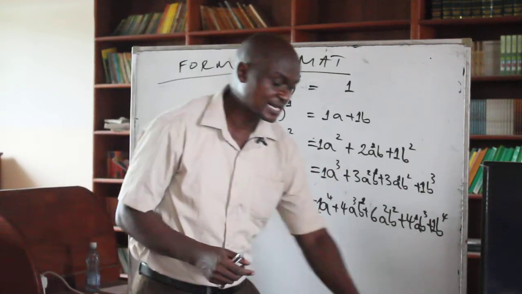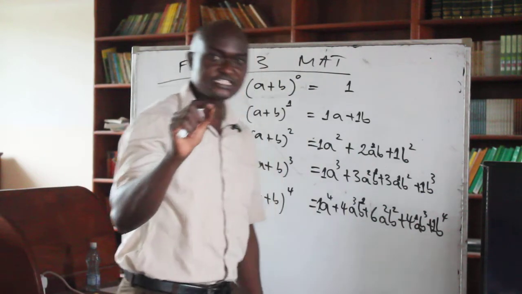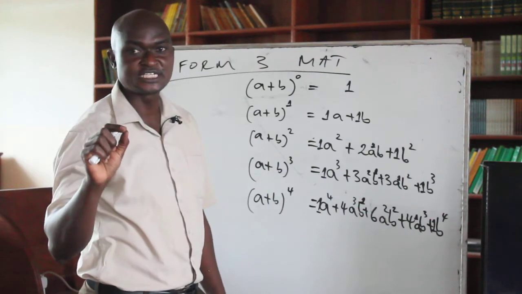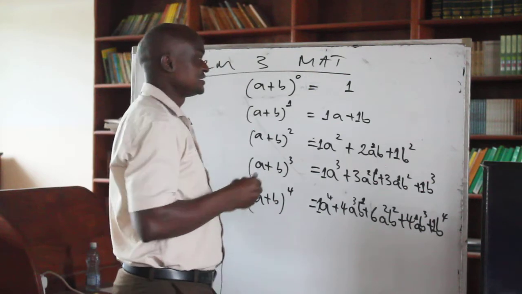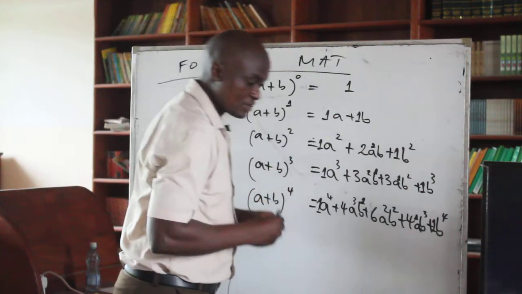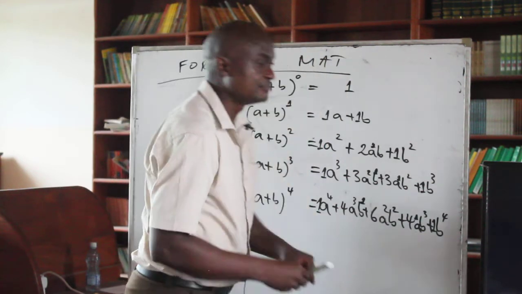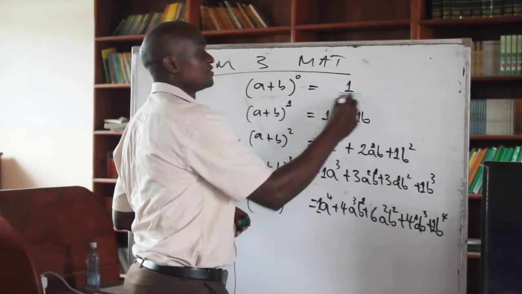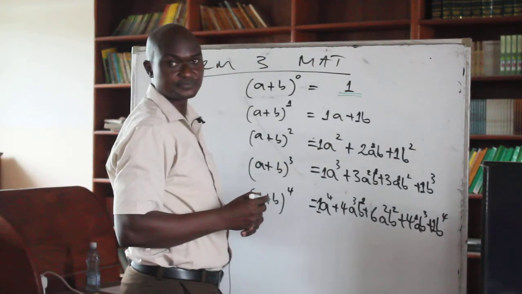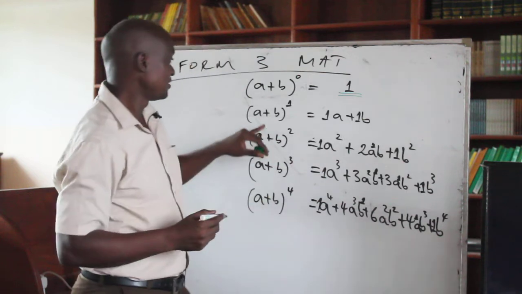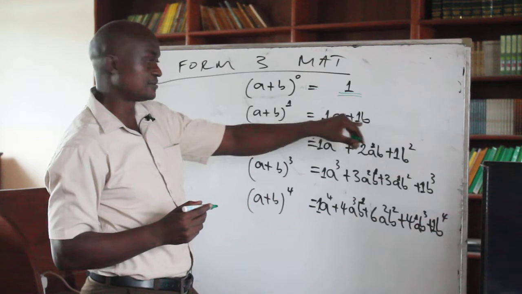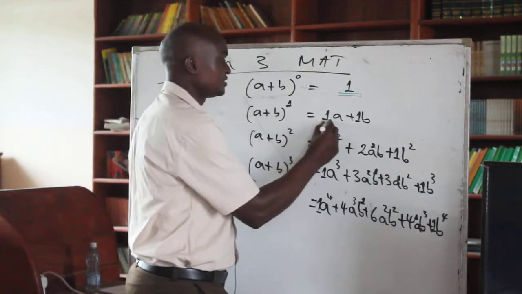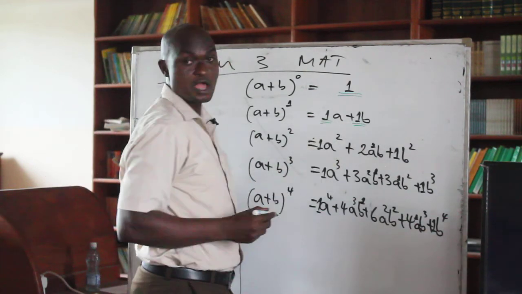Now, the next question that comes is the coefficient. How do you know which coefficient is supposed to be where? Now, in this first one, when you raise a term to power 0, what you get is just 1. But here, if you raise it to power 1, you get 2 terms, and the coefficient in both cases is 1.